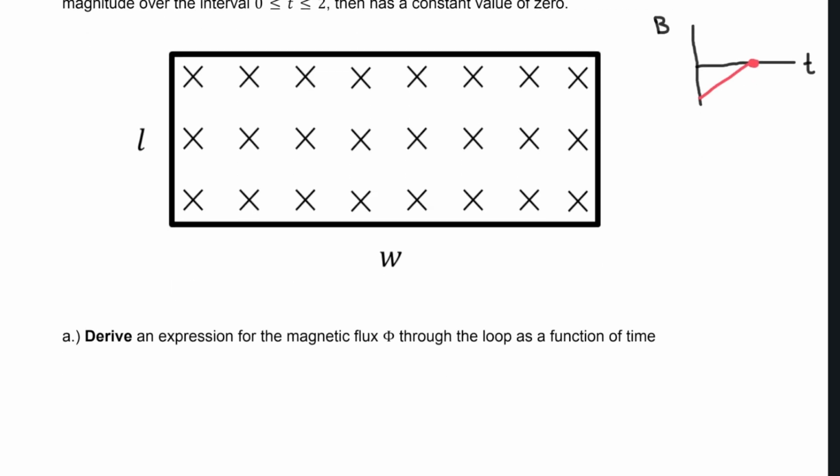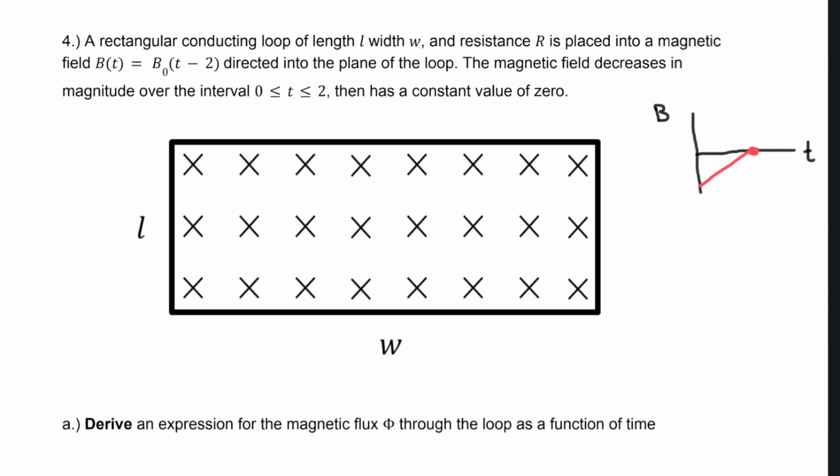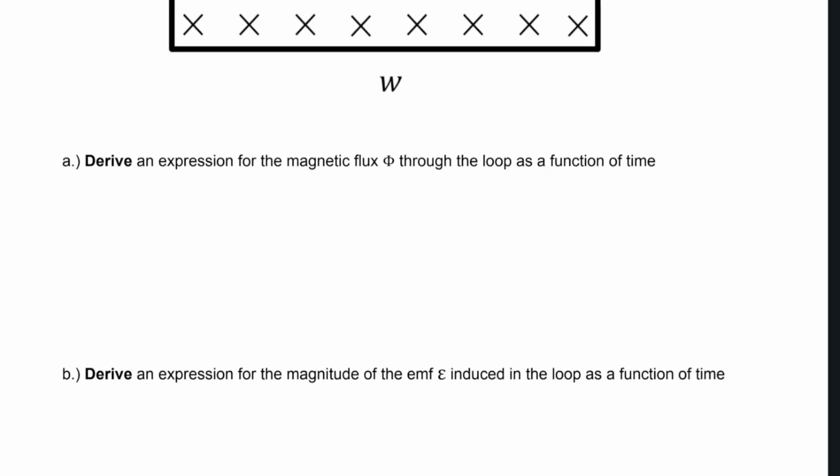All right, first, magnetic flux as a function of time through this loop. Well, once again, it's entirely into the page, into the plane of the loop, so no theta considerations. So phi would once again just be the magnetic field times the area.